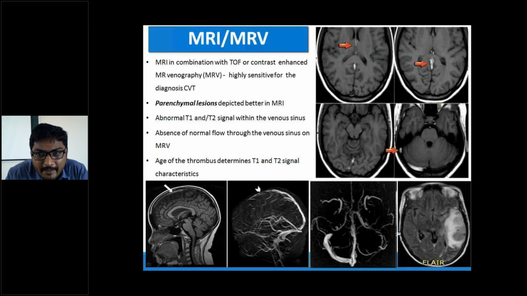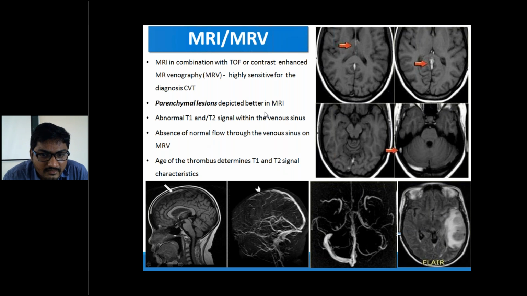So this is MRI, MRV. MRI images and MRV images, right? You can see here some thrombotic picture in case of superior sagittal sinus. See here, filling is there here, but here a filling defect is there, right? And this is FLAIR image. What is FLAIR? Full form of FLAIR.